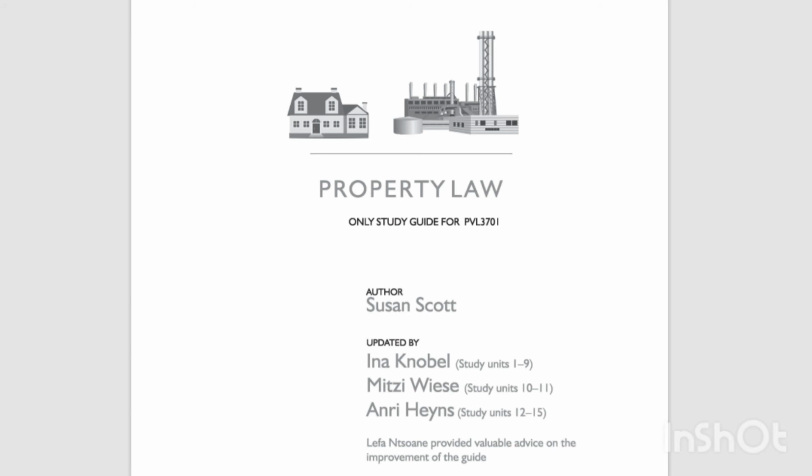Number 6.2.1.2, rights of usufructuary. The usufructuary is entitled to control, use, and enjoy the servient thing. He or she may also enjoy the fruits, both natural and civil.